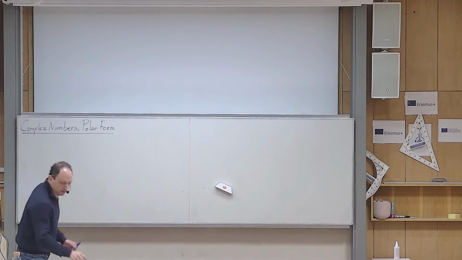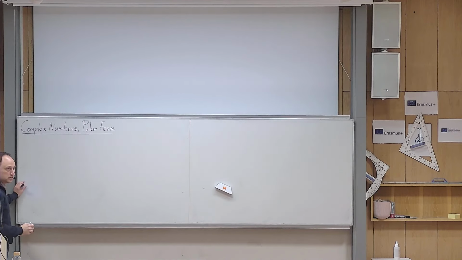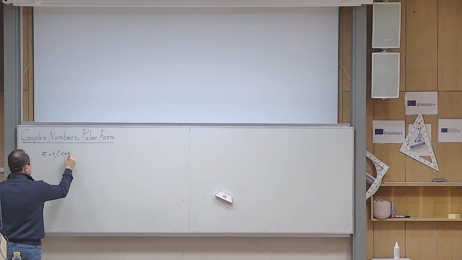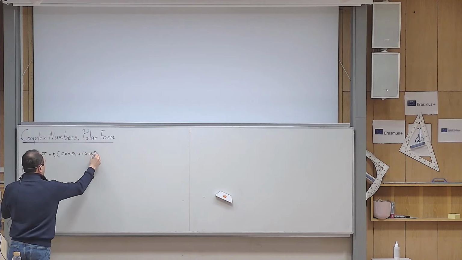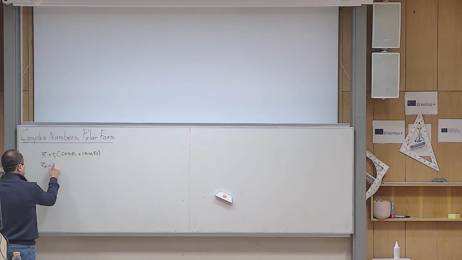Now let us say that I have two complex numbers in the polar form, yes? So let us write z1 to be r1 cosine theta 1 plus i sine theta 1. Let us say someone gave me a complex number in its polar form and another number in its polar form.